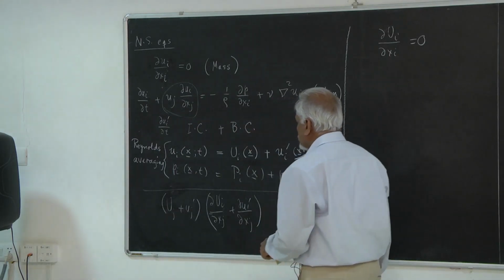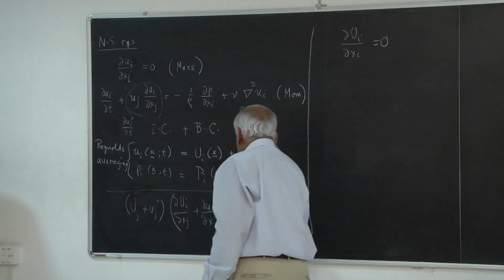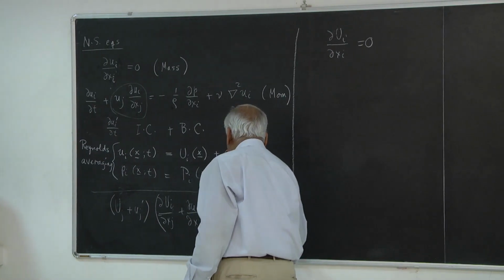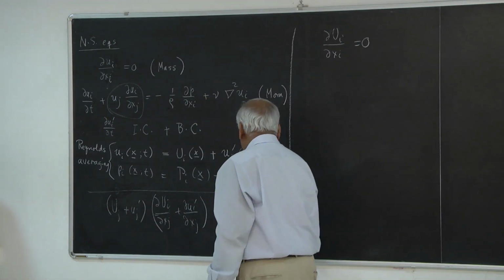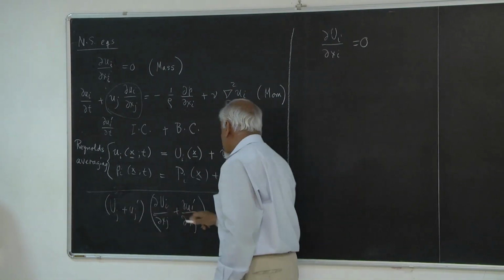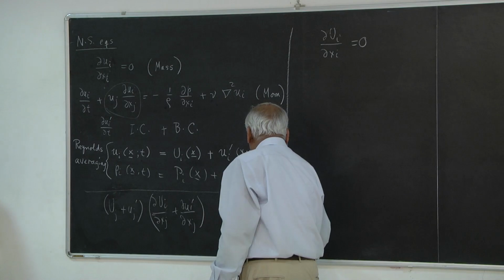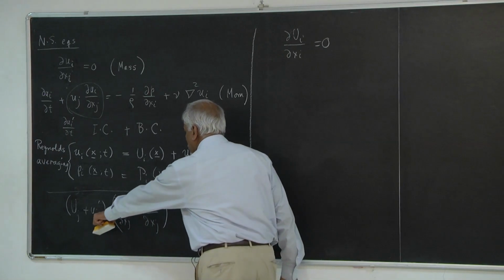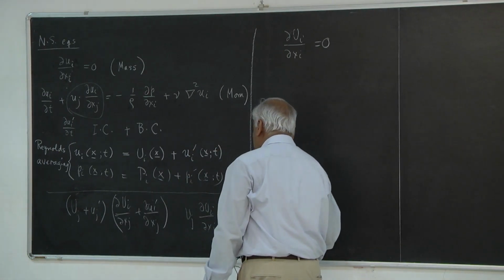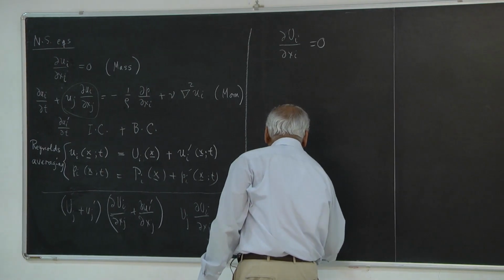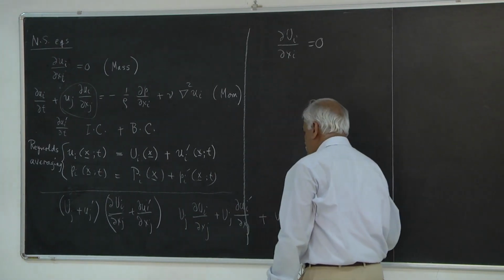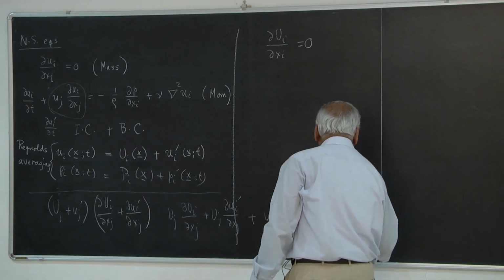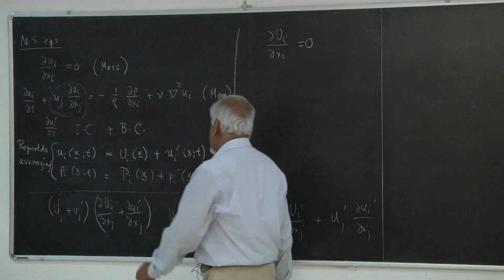So a product of these two will give you four terms, and you will have Uj dUi/dxj. Okay, that's the first one. And the next one will be Uj dui'/dxj. So that's what I will have. And then I have here uj' dUi/dxj. And then I have uj' dui'/dxj. Okay, so that's what I will have.